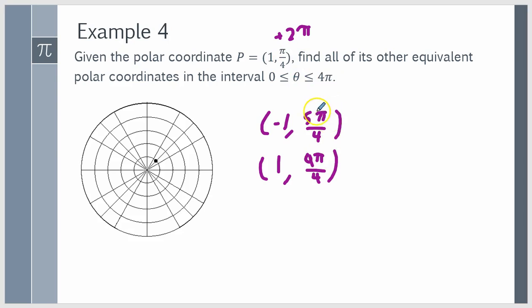Well, let's also find the coterminal of this one that we did. So I could add 2 pi to this angle, and it would be equivalent to 5 pi over 4. So if I take my r value of -1, and then again, we need a common denominator for adding fractions, so you might want to think of this as 8 over 4. So 8 over 4 plus 5 over 4 is 13 over 4.